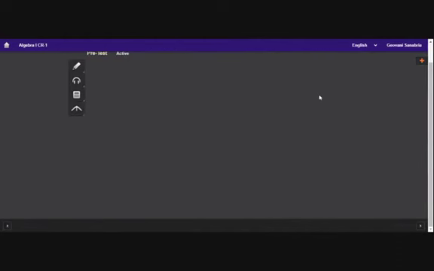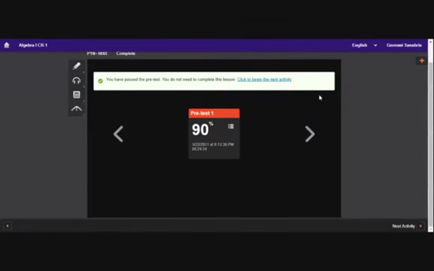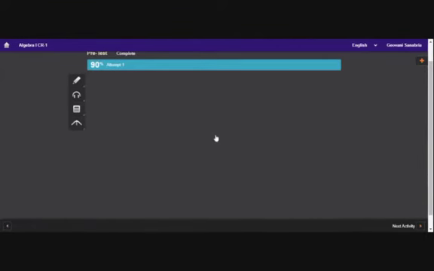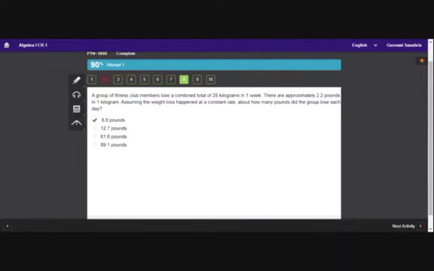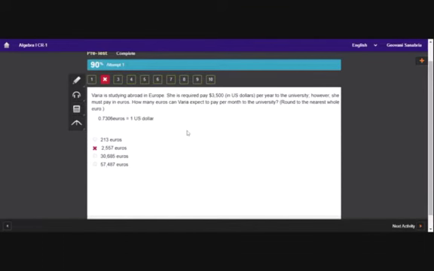Let's see what we got. That one's right. Which one did we get wrong? How many euros required per month to the university?